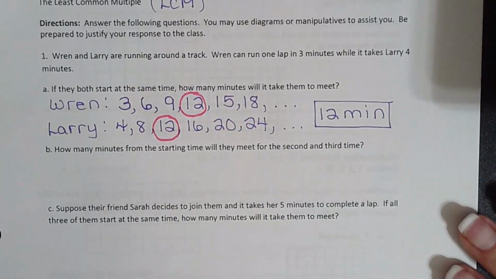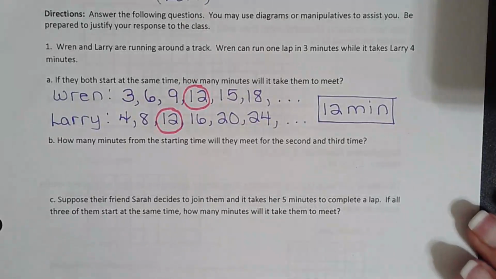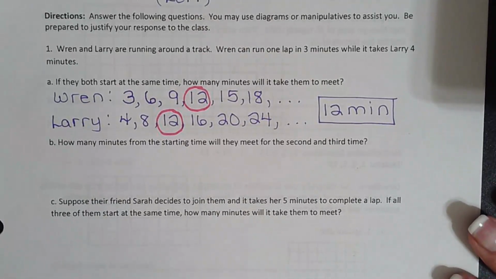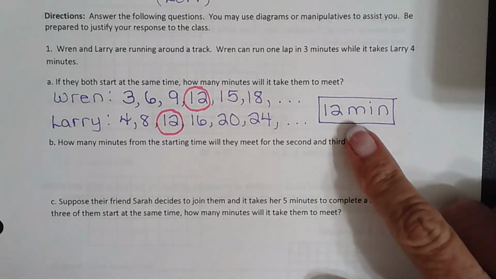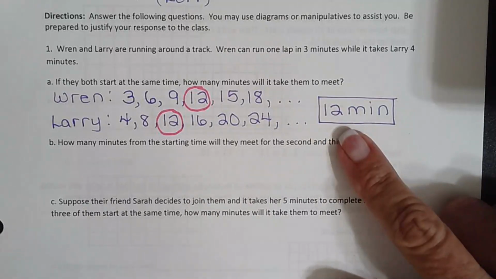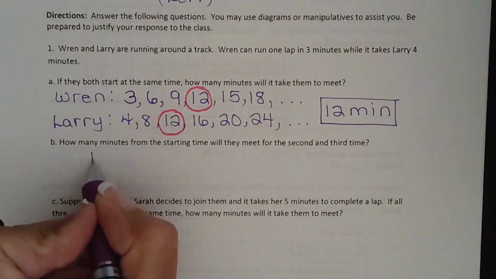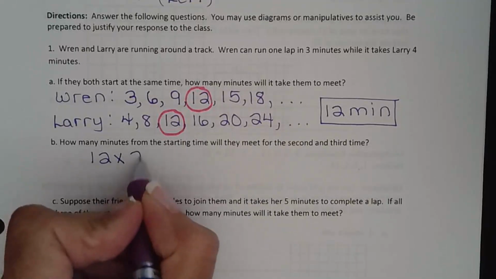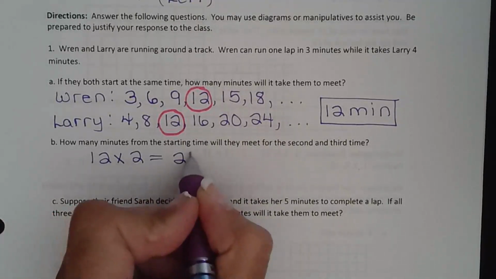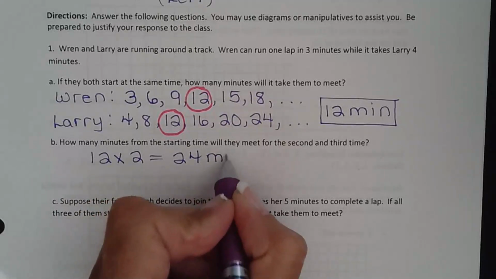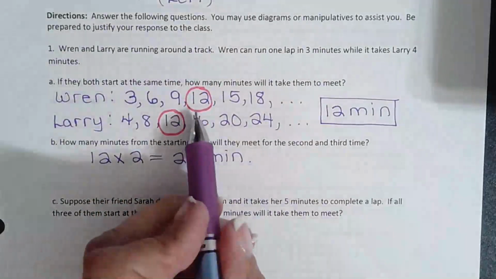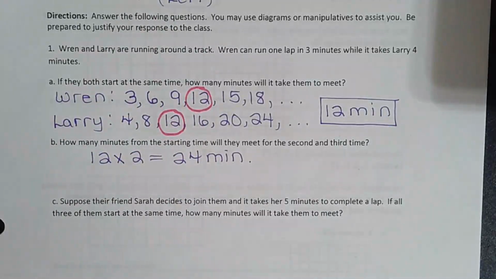How many minutes after the starting time will they meet for the second and third time? So that's the cool thing about multiples. Once you have the first one, then you take it times 2, and they'll meet again in 24 minutes. So 24 minutes from the beginning, or 12 minutes after the first time they meet.